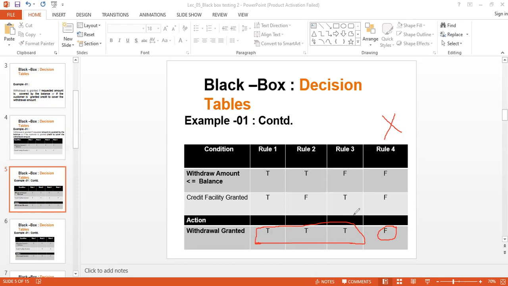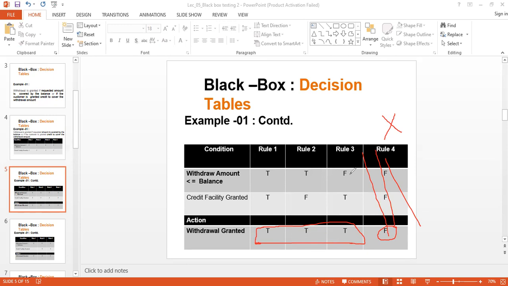Then I go to the conditions section and check each condition to see whether I can overlap two or more rules. If I go to withdrawal amount balance is true, I can't touch this one, so I'm not considering this section. I have withdrawal amount balance true in two rules and false in one rule.